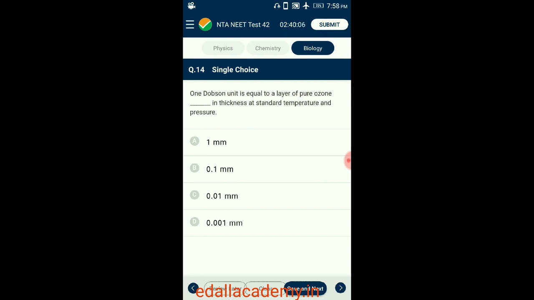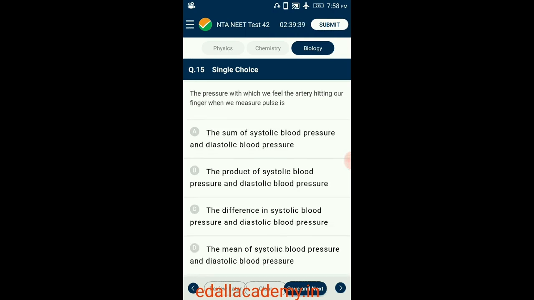The number of molecules of ozone required to produce a layer 0.01 mm thick at a pressure of 1 atmosphere and 0 degrees Celsius is 1 Dobson unit. So the answer for this question is option C, 0.01 mm.